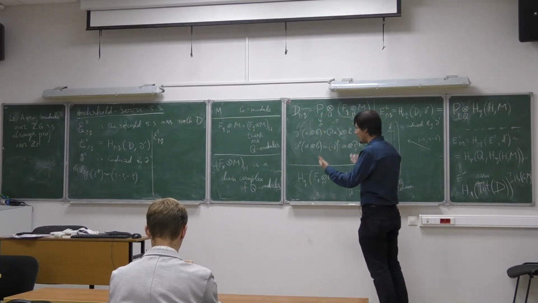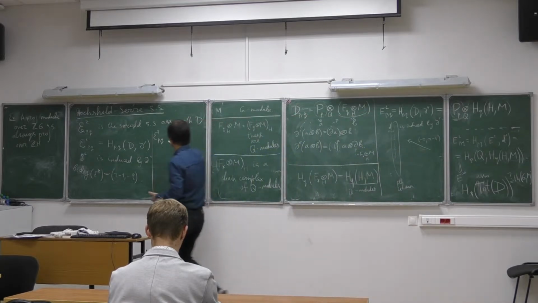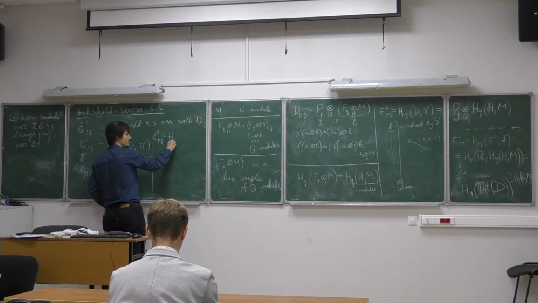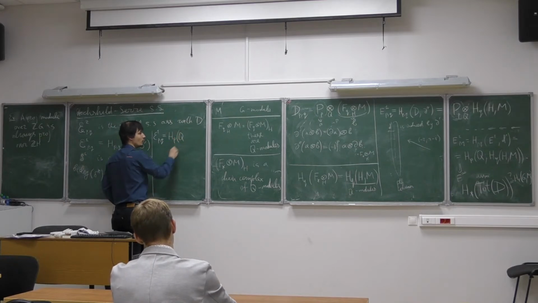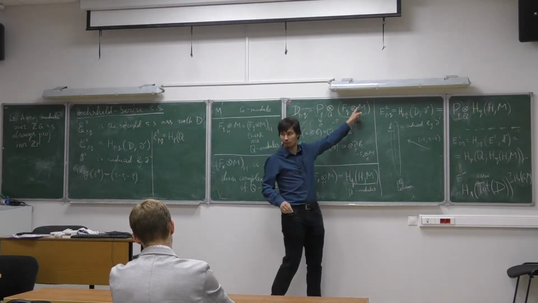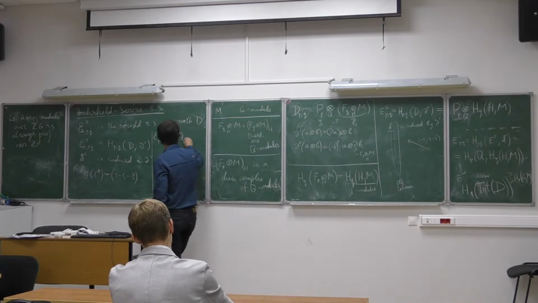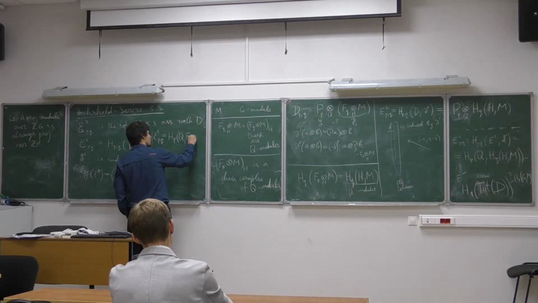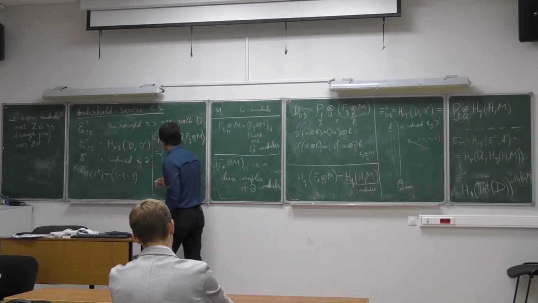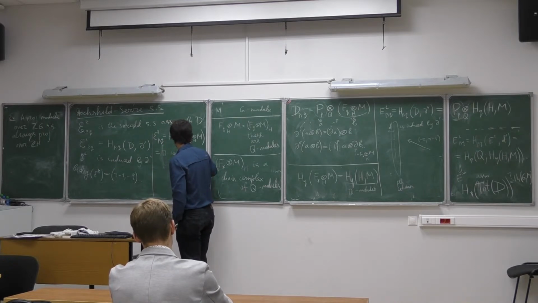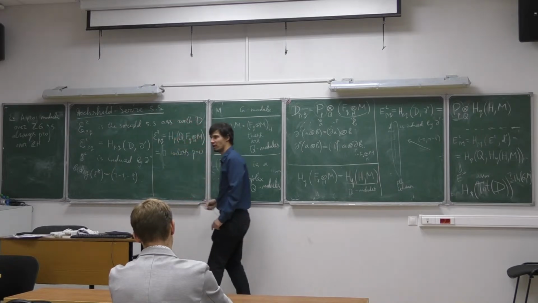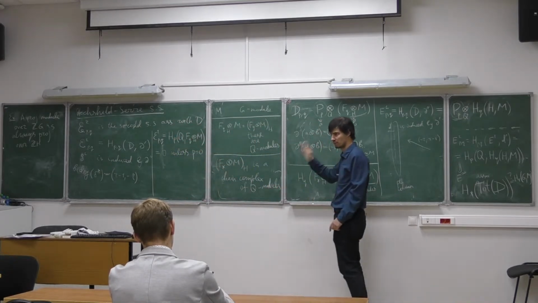This is the homology of Q. By definition, this is the pth homology of Q with coefficients in this module. I claim that this is 0 unless p equals 0. So if p is not 0, then this vanishes.